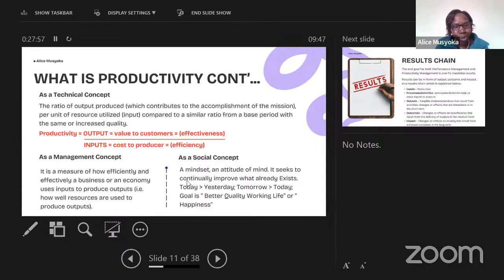We have too much resources, which is actually not the case. So they were also looking at inputs, the cost. And I think cost has become the center of discussion in most of the organizations. People are trying to look at how can we reduce the cost.